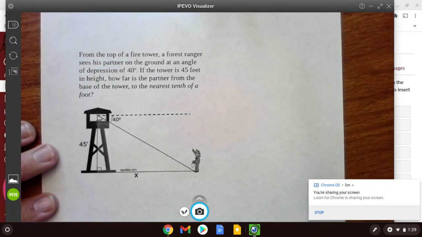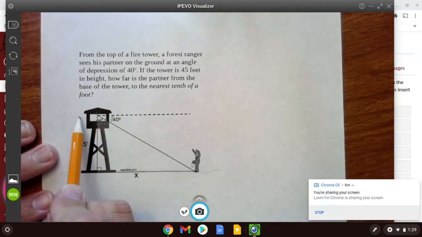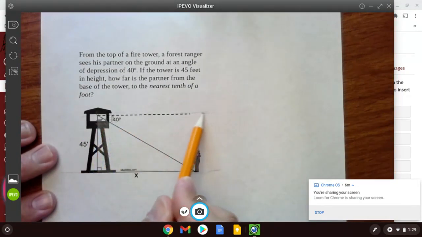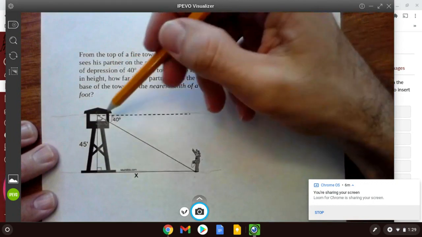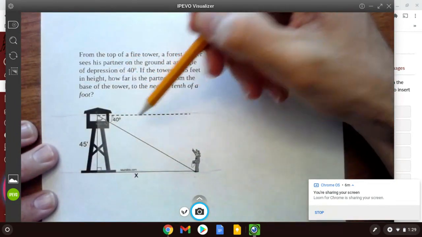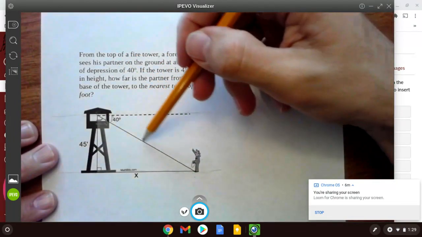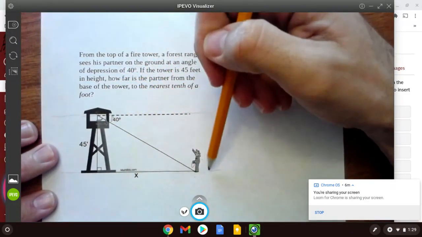Another thing you can use here is alternate interior angles. Notice the base of the ground here is parallel to his line of sight, his horizontal view. Because of that, you've got two parallel lines, and this line here acts as a transversal.